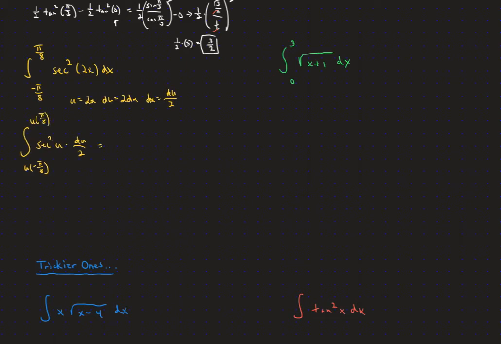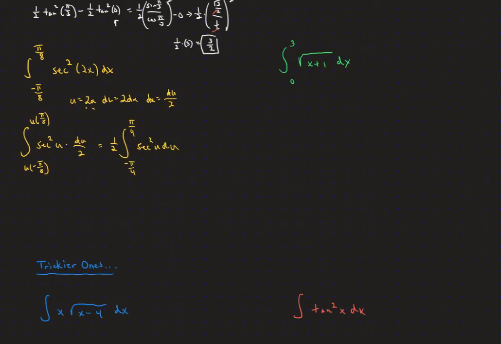So let's see, the 2 in the denominator is going to come through and be 1/2. U of negative pi over 8 means we're going to get 2 times a negative pi over 8, which is a negative pi over 4. And similarly, u of pi over 8 is 2 times pi over 8, which is a positive pi over 4. We'll get secant squared u du.